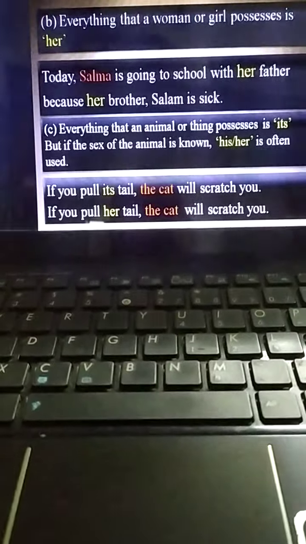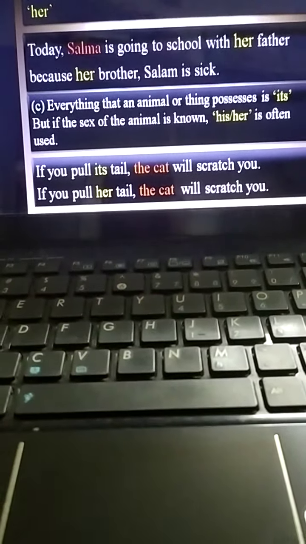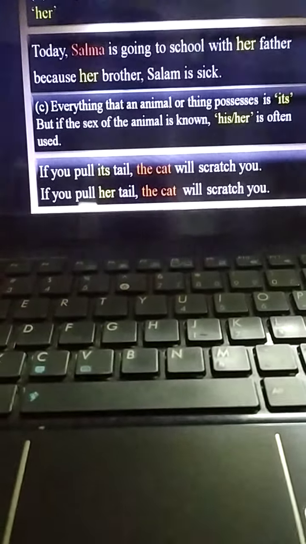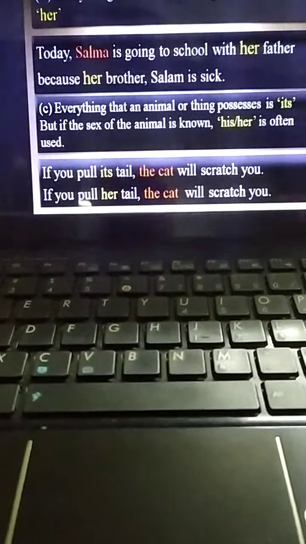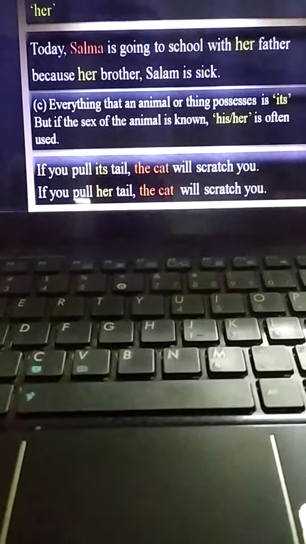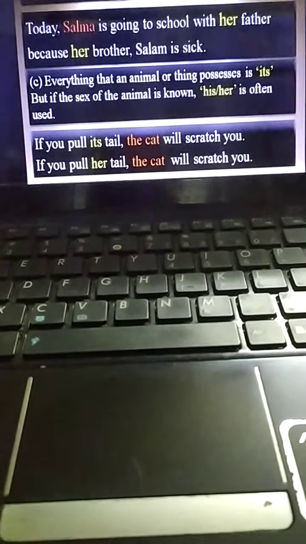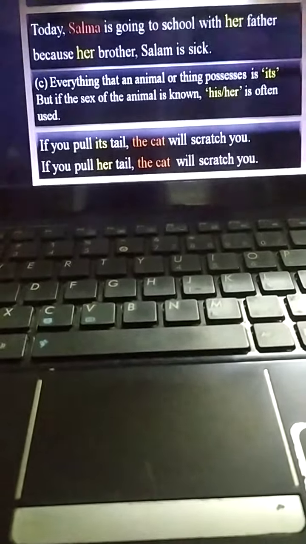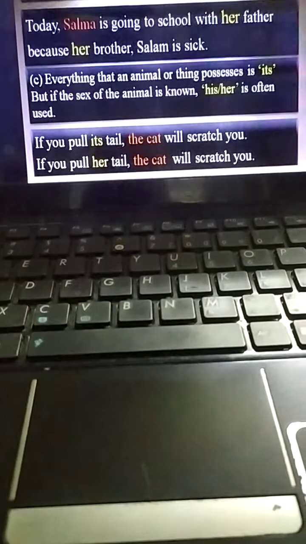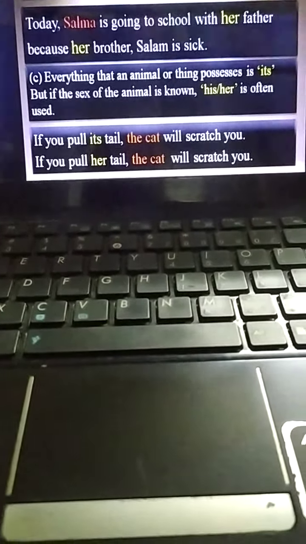If you pull its tail, the cat will scratch you. Look at the adjective used here, its tail. It is a thing or animal, and whether it is male or female is not determined. But in the second example, if you pull her tail, the cat will scratch you, then you will see the cat is a female, not a male, her tail.